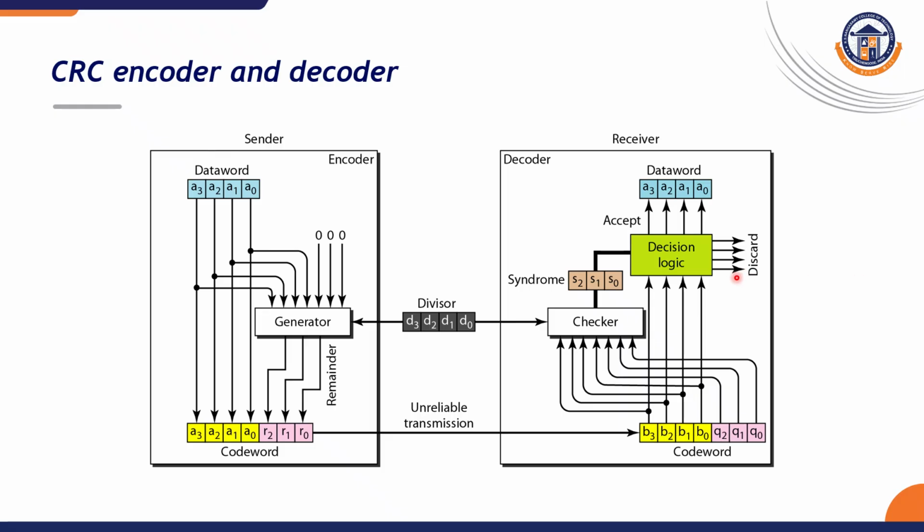The CRC operation will be explained by the CRC encoder as well as the decoder. The CRC encoding is performed at the sender side, decoding is performed at the receiver side.